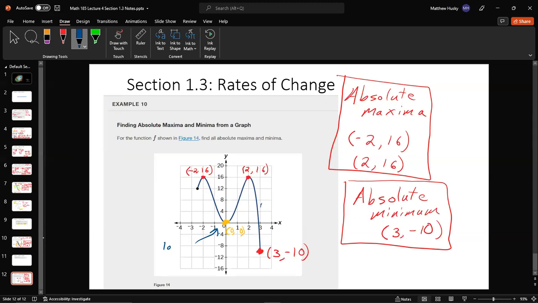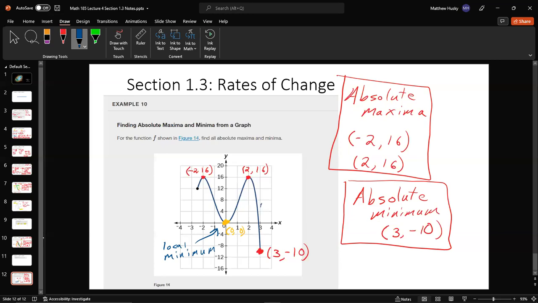In that general neighborhood that is the low point, but it's not the absolutely positively lowest point ever on this particular graph. So that would be a local minimum, but it is not the absolute minimum. So hopefully you get a sense of how they are different from each other.